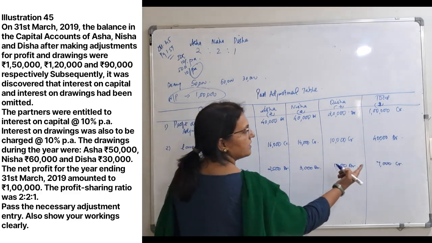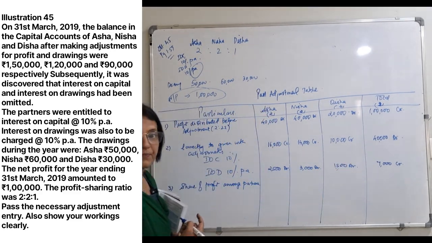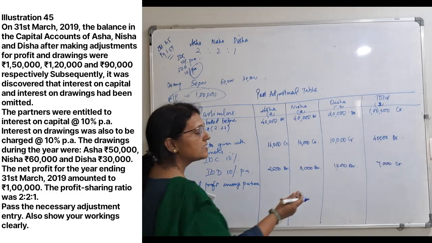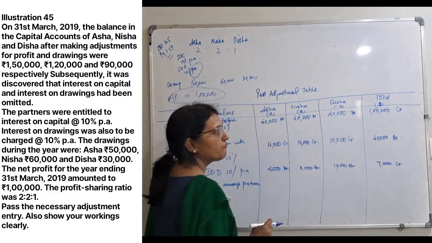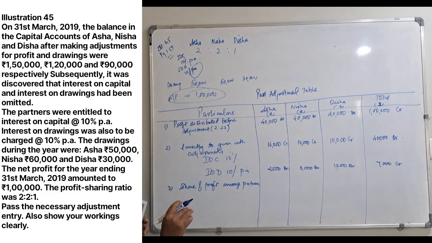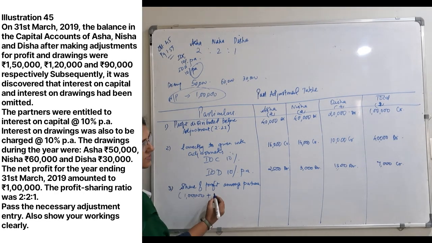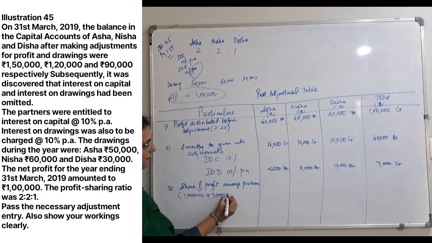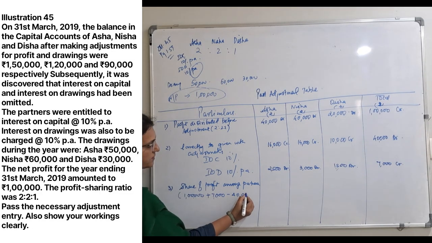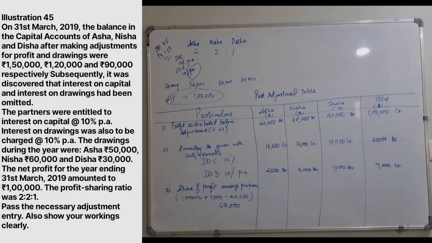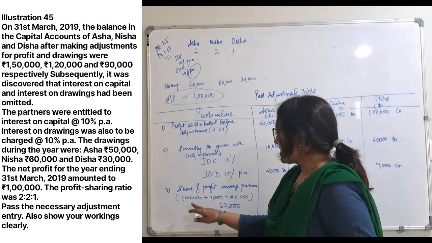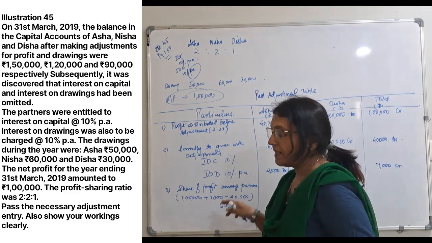Out of 1 lakh, credit is 7,000, debit is 40,000. So the simple thing you can do is 1 lakh net profit plus interest on drawings 7,000 minus 40,000.